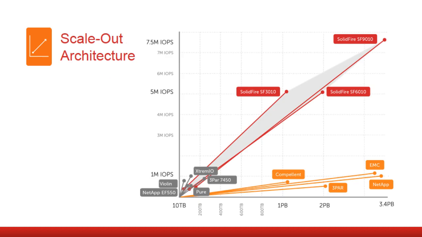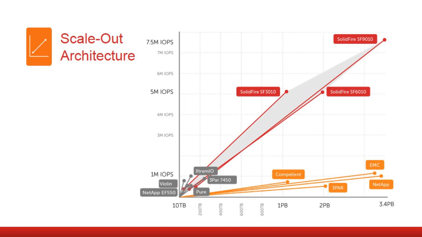And so, in addition to that, we have the idea of where do we sit in the market. On the bottom in the orange is kind of the more traditional disk-based vendors that are out there.